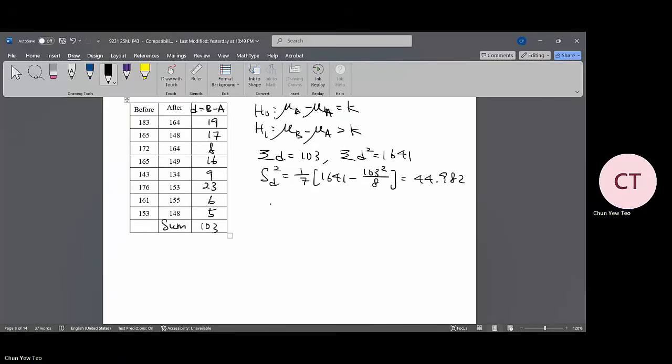For the hypothesis test, your alpha given is 5%. This is a small sample size, so we use the t-test, but for the t-test we need to find the degree of freedom.